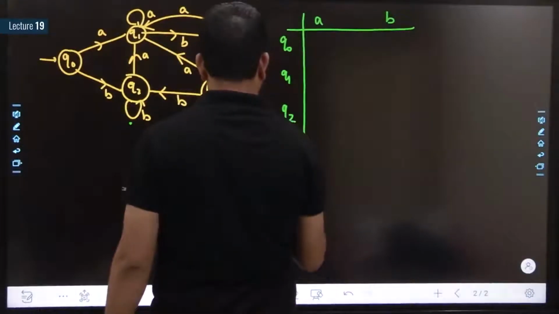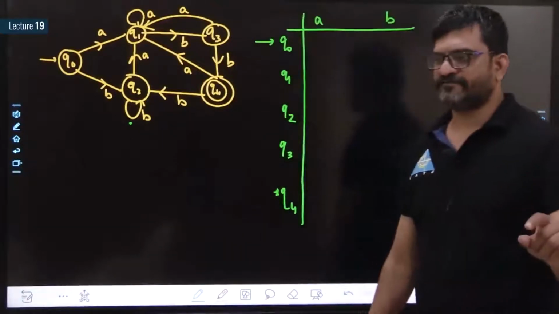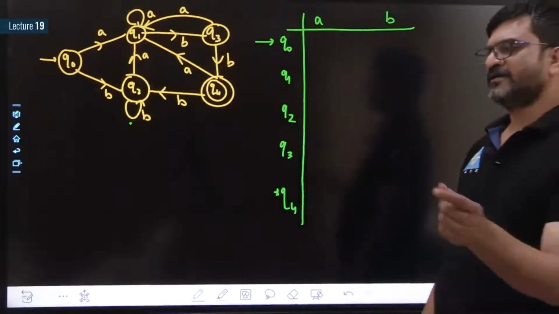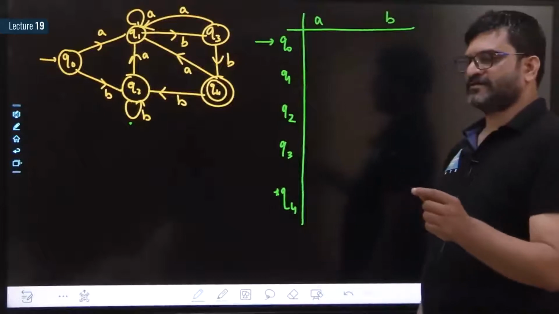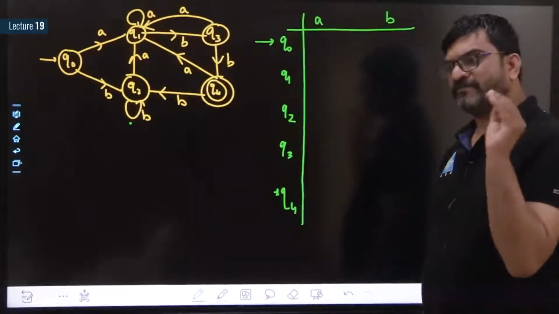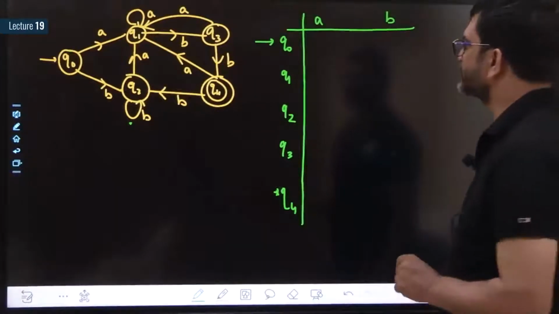This is the final state and this is the initial state. We cannot merge non-final and final states. We can merge only final states with final, or non-final with non-final.